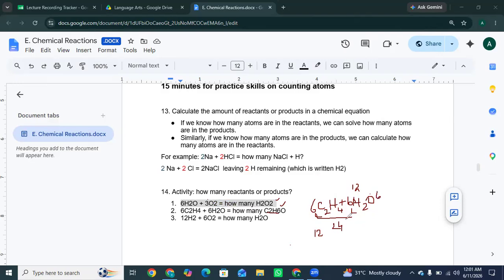And one thing to notice is that we have hydrogen in this and hydrogen in this. So we simply add these values so that we can have the total number of hydrogen. 24 plus 12 is 36. So we have 36 hydrogen, 6 oxygen, and 12 carbon.